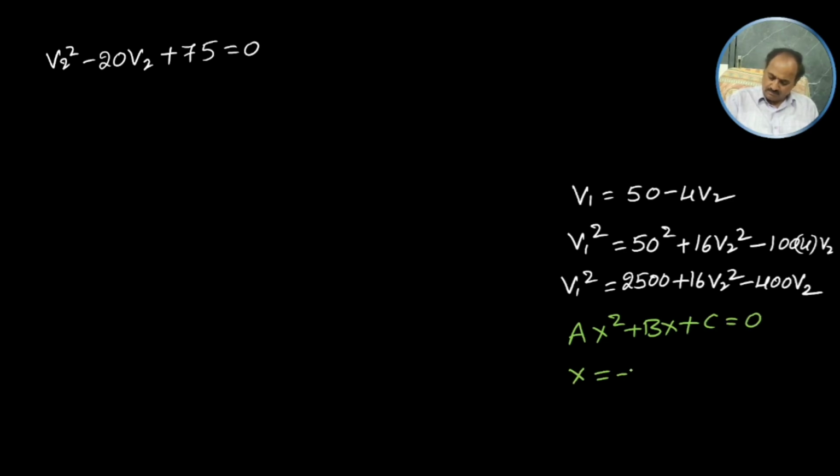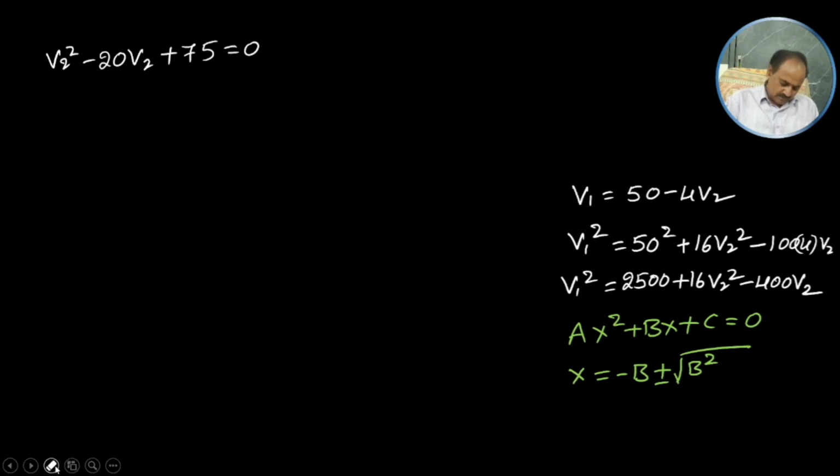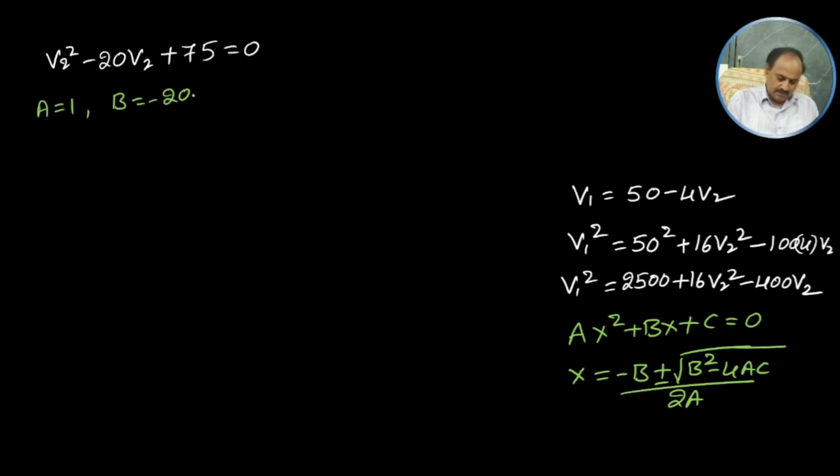Then x equal to what? Minus b plus or minus root over b square minus 4ac by 2a. Be very careful, it's a lengthy problem. Let me write the values: a equal to 1, b equal to minus 20, c equal to 75.